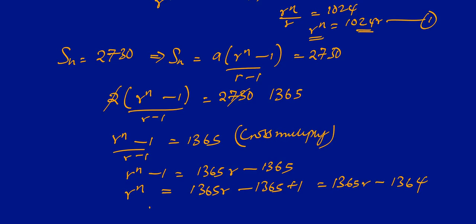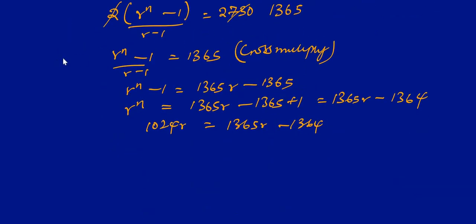When you substitute, that means that 1024r will be equal to 1365r - 1364. If you collect like terms, 1024r - 1365r will be equal to -1364.